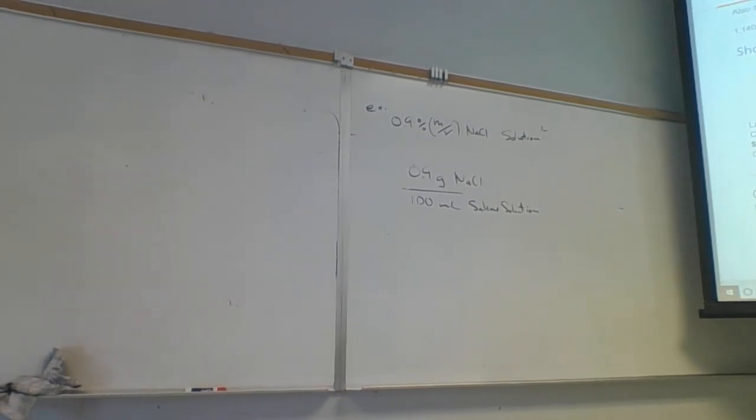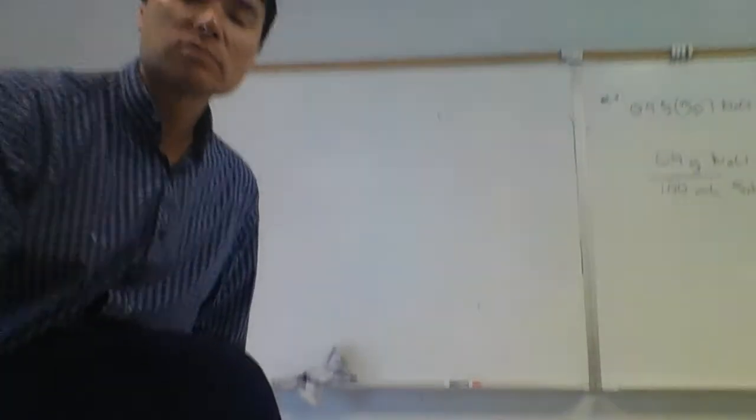mixtures have variable composition, and we want to know the composition, of course. Well, what about compounds? The compounds actually, we should say substances. The difference between a substance and a mixture is substances have fixed composition. The composition doesn't change. Well, if it's a fixed composition, should we use percentage?